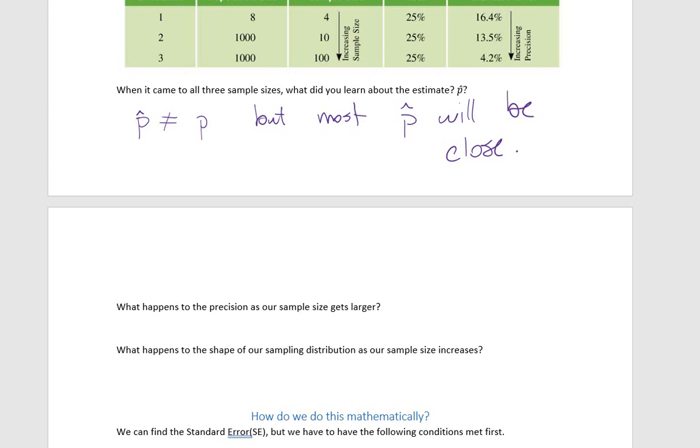In our precision, this is also something important to remember for your final exam: what happens to the precision as our sample size gets larger? As n, our sample size, increases, our precision increases, which means our standard error goes down. So the amount that we could be wrong goes down. And what happens to the shape of our sampling distribution as our sample size increases? It gets more normal and narrow.